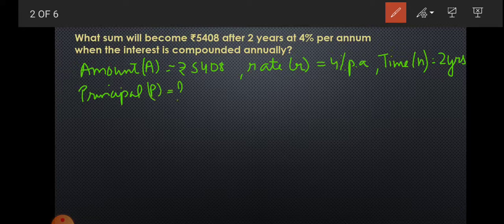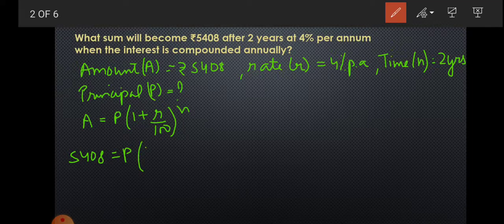We know amount is equal to principal times 1 plus rate upon 100 raised to the power n. Value of amount is 5408. Principal we need to find, 1 plus rate is 4 by 100 and time is 2 years.